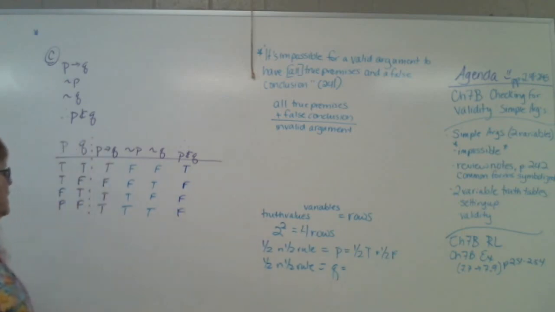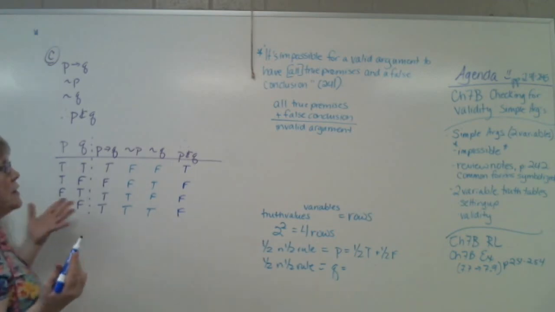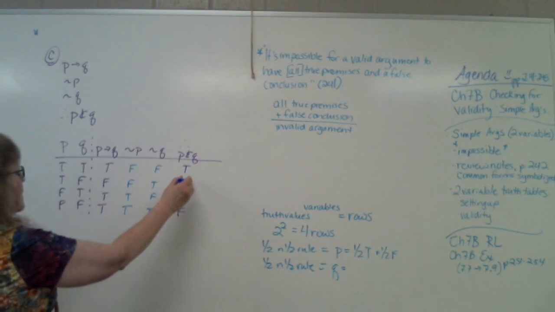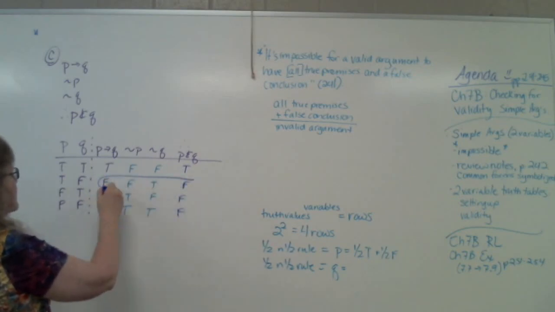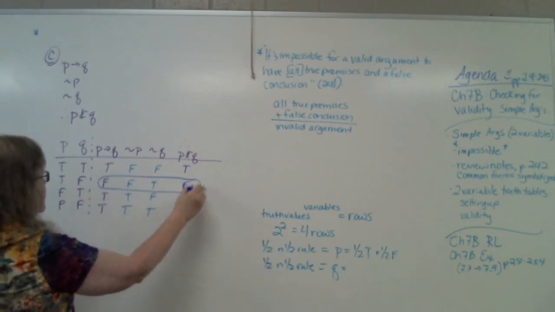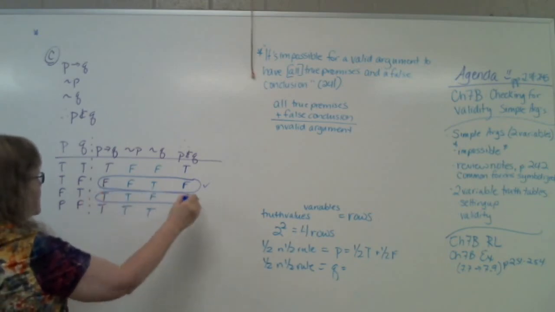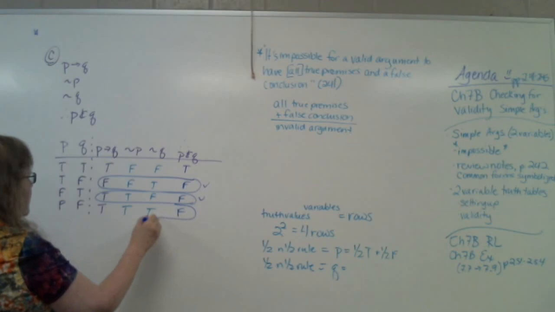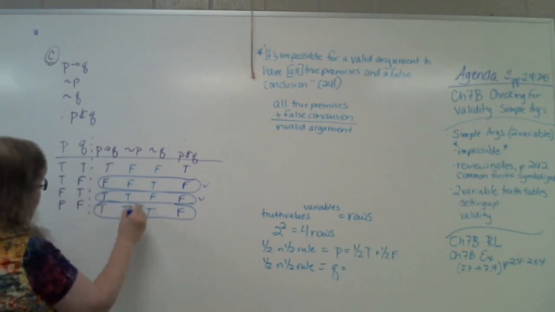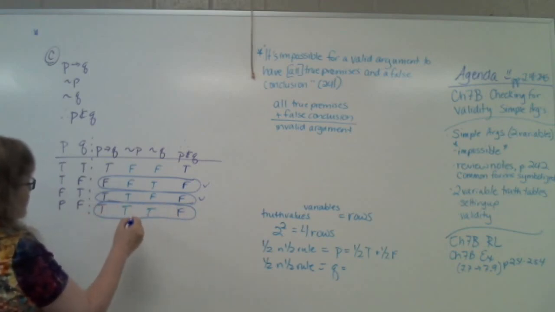Oh, we have three. What are the chances that this is going to be valid? Not very much. Okay, so I have to look at my false conclusions. False conclusion number one has two false premises. False conclusion number two has one false premise, all we need. False conclusion number three has none.